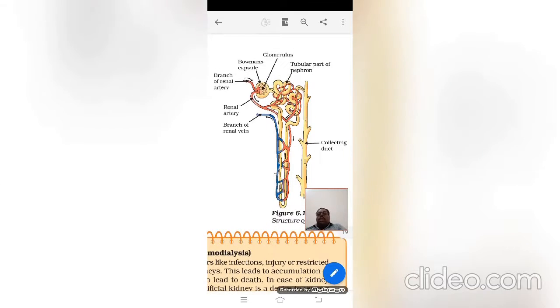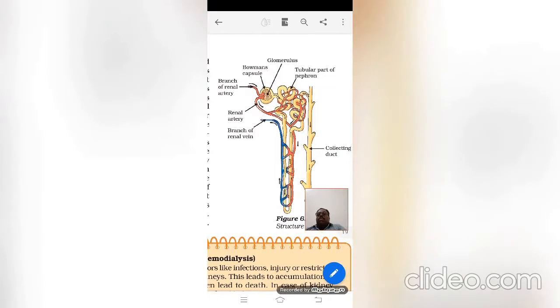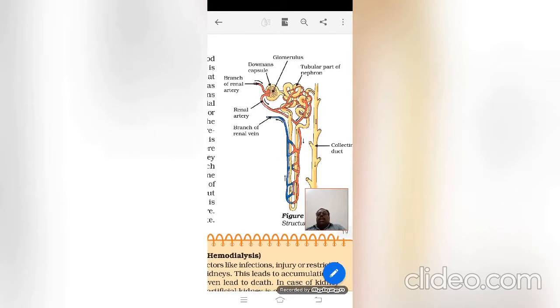When we come to the structure of this nephron, you can see a red color, that means renal artery.